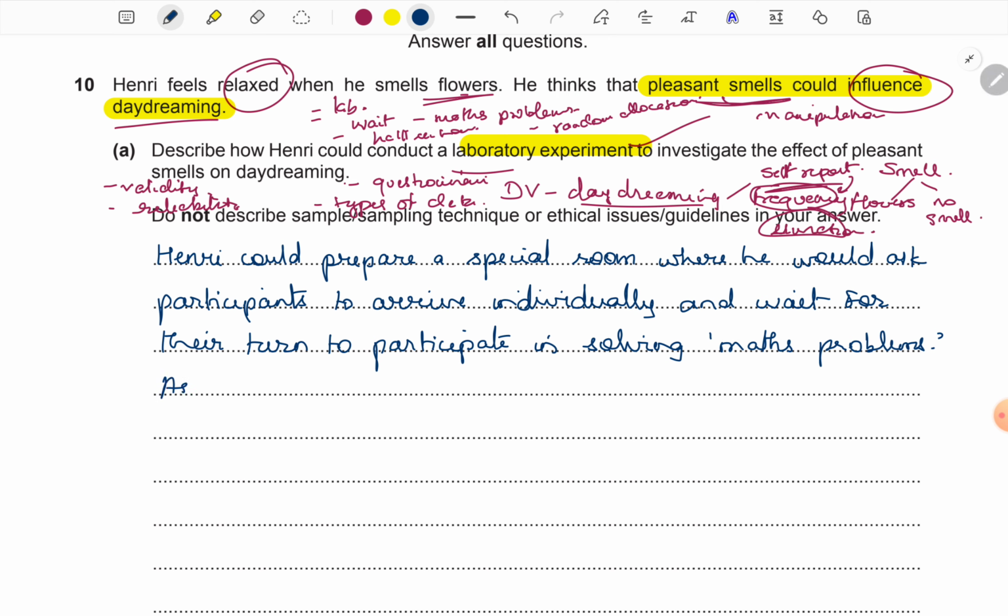As participants wait, the windows and doors will be shut.